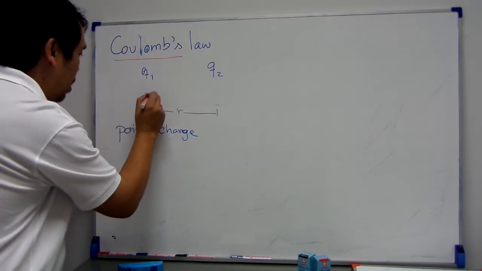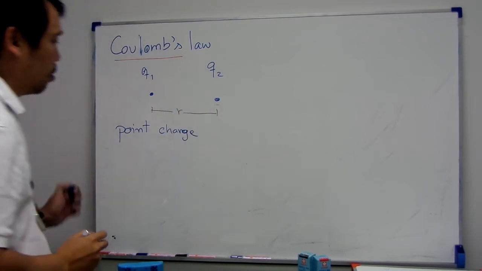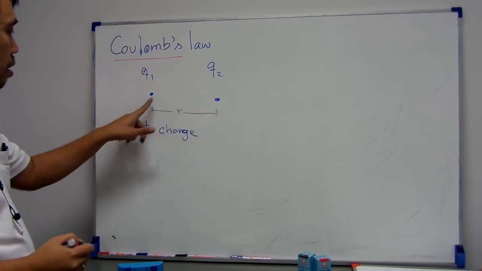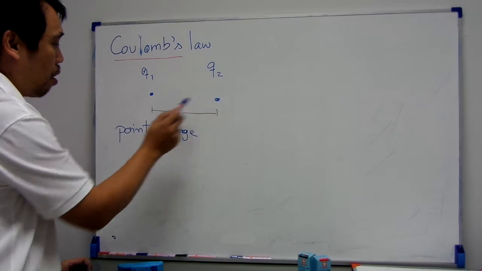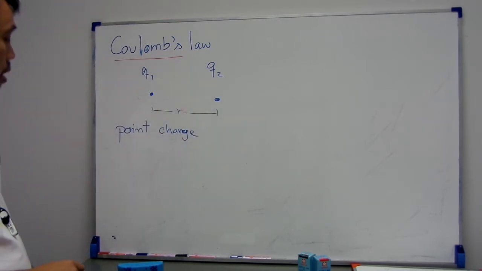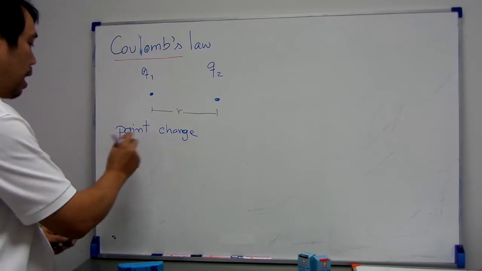So if this is the charge Q1 and this is the charge Q2, and the size of these two charged objects is very small compared to the distance between them, we can say that they are point charges.